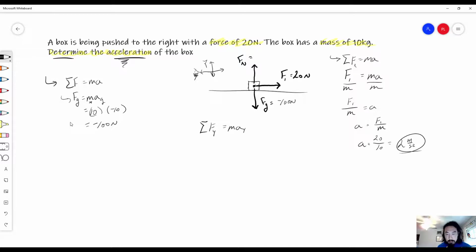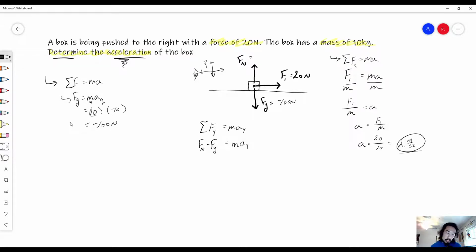All right. So here, I'm going to add in all of the forces along the y-axis. Okay. So here, I have f of n, which is going to be positive because it's pointing up. And then I have f of g, which will be negative because it's pointing down. And then I have my mass and my acceleration in the y direction.